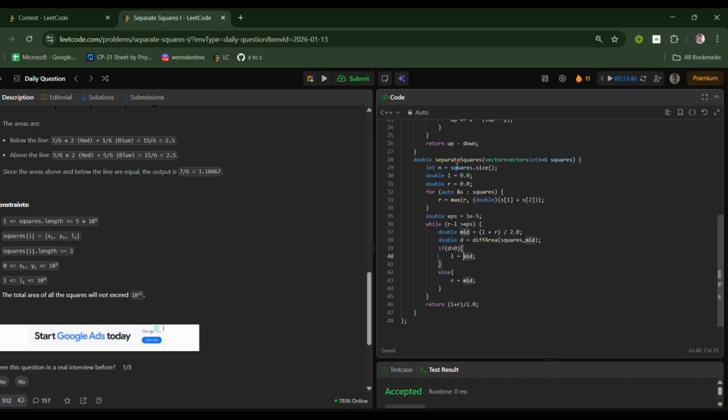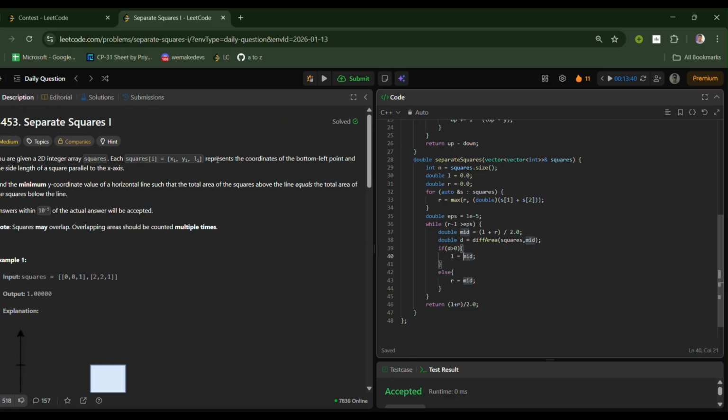The first part we have done is n is equal to squares.size. We have taken a double l equal to 0.0, r equal to 0.0. For auto, I have done this part. I am iterating through the squares, and I am taking the max value of s[1] plus s[2], that is yi plus li, because of 0 index, first index, and second index.